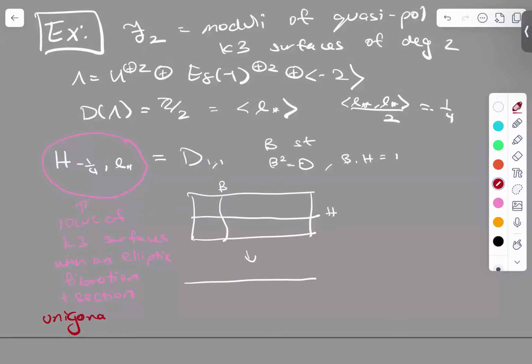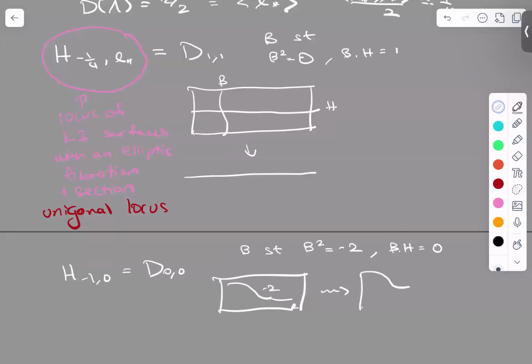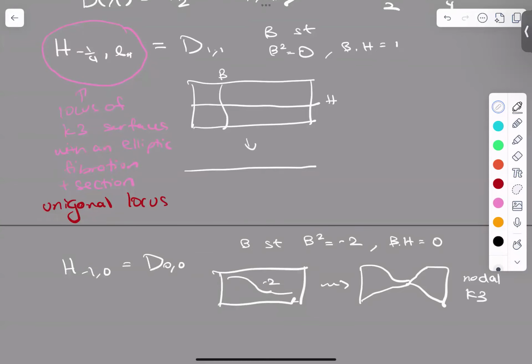So this tells me that on my K3 surface, I have what's called a -2 curve, which I can contract. So -2 curves with trivial intersection with the polarization can be contracted. And so I can contract this to get what's called a nodal K3. And this locus right here, algebraic geometers have studied for a long time in this Noether-Lefschetz language, and it is called the nodal locus.